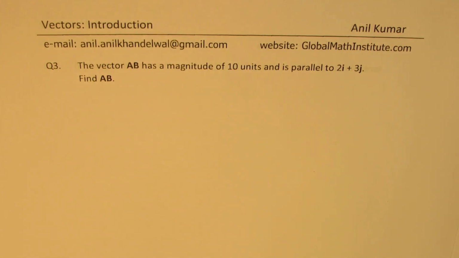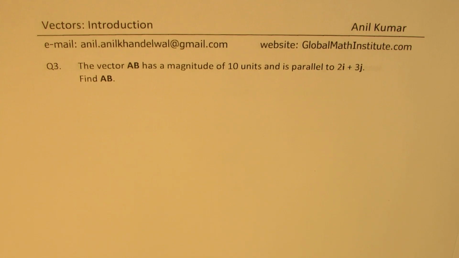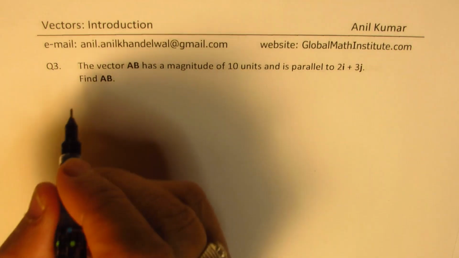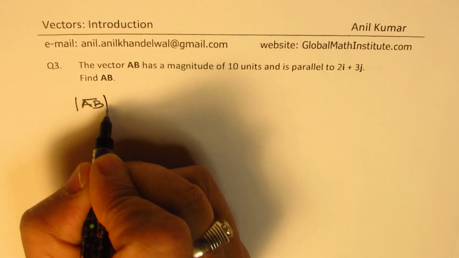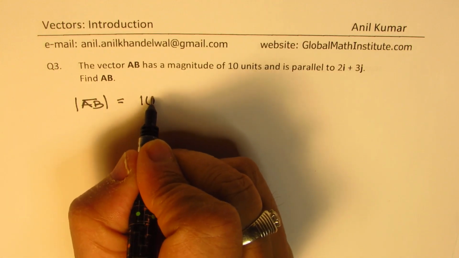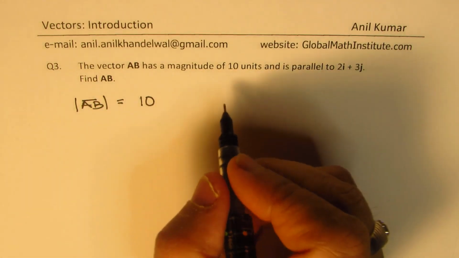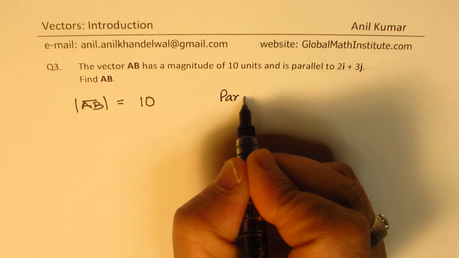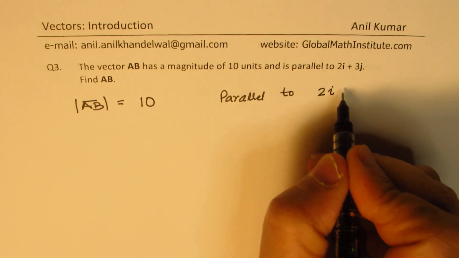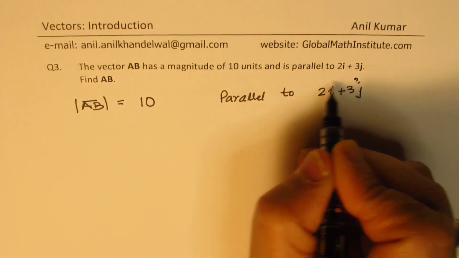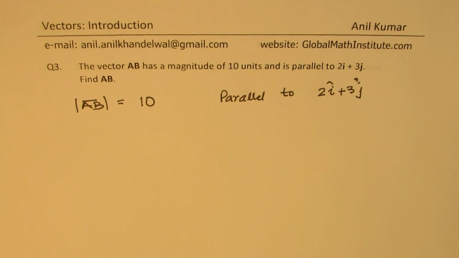Question number 3 is: the vector AB has a magnitude of 10 units and is parallel to 2i plus 3j. Find AB. Okay, so we are given that the magnitude of vector AB is 10 units. Now, when I say it is parallel to 2i plus 3j, that really gives us the direction, correct?